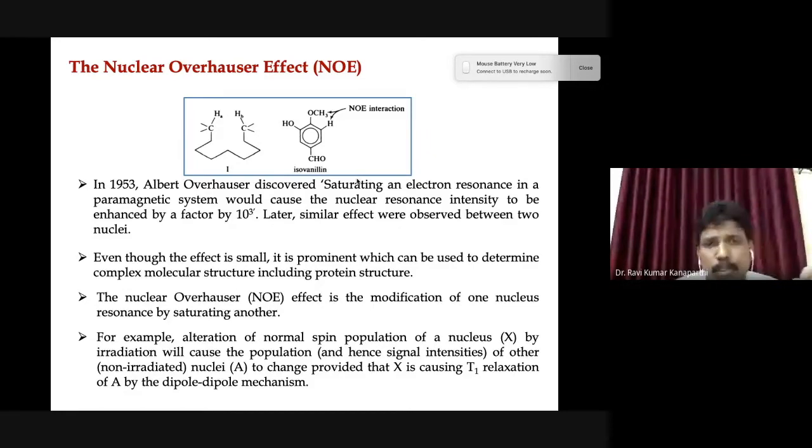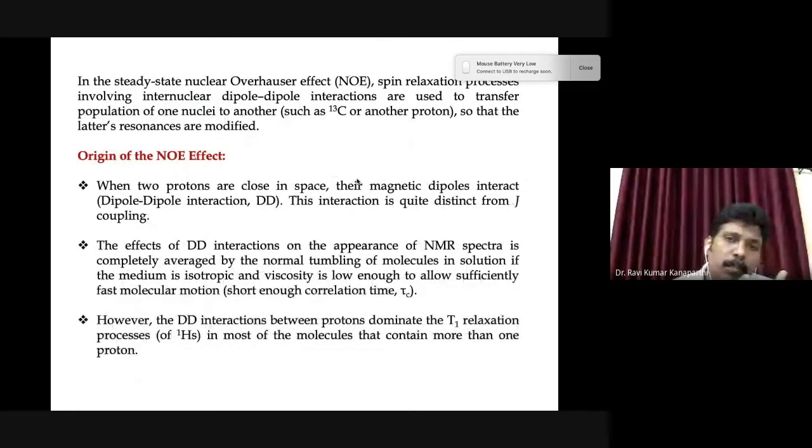and therefore we see either signal enhancement or decrease, depending upon the population. If the population difference between the ground state and the excited state is enhanced, such a process will enhance the signal intensity. When the dipoles are interacting and the population difference is decreasing, then the resonance signal intensity will decrease. So it can either enhance or decrease depending upon the population difference.